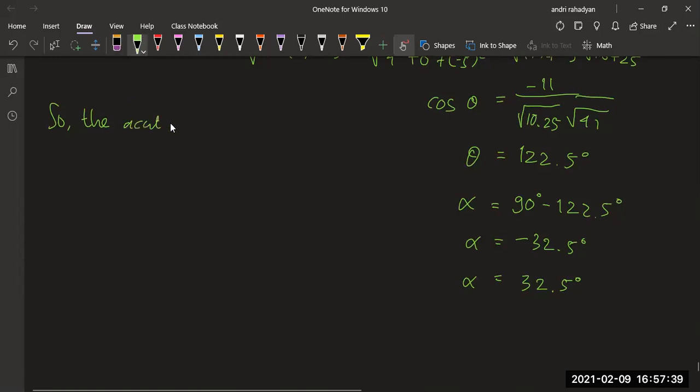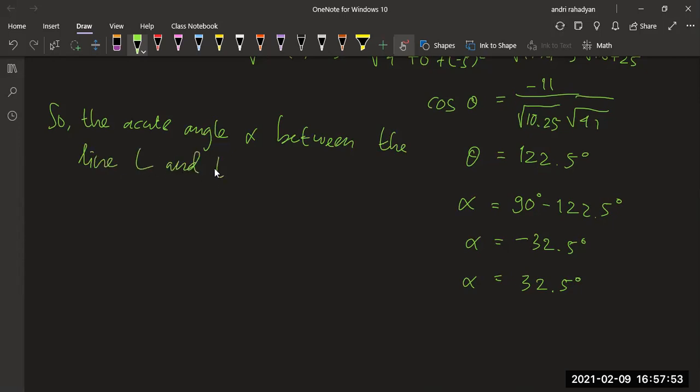The acute angle alpha between the line L and the plane P is 32.5 degrees.